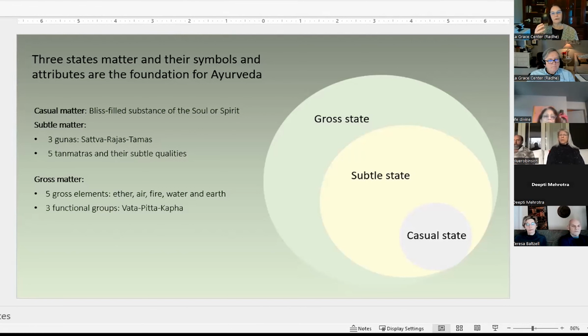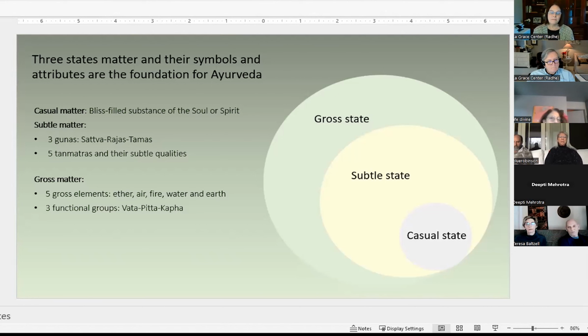I think one of the things this picture shows, and why I like it so much, is that it really illustrates how all manifestation ultimately came from the same source. This causal state, this causal realm of substance, was perceived by the rishis as pure, blissful existence, pure ananda, pure love.